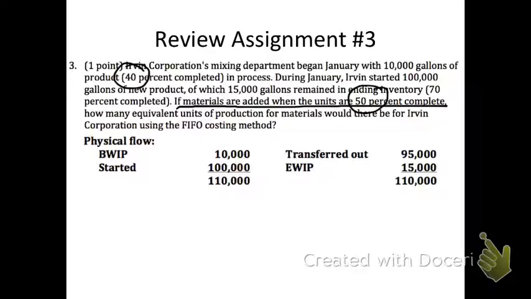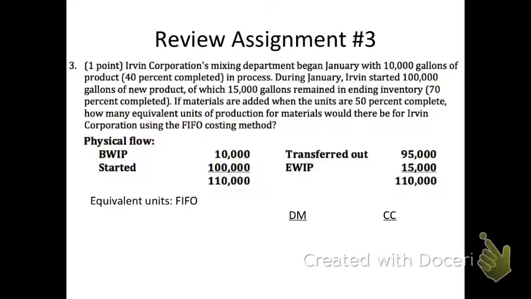During January, I will add all my materials, because it is in January that I will reach the 50% completion point. I have conversion here too, so you can double check yourself on calculating equivalent units for conversion.